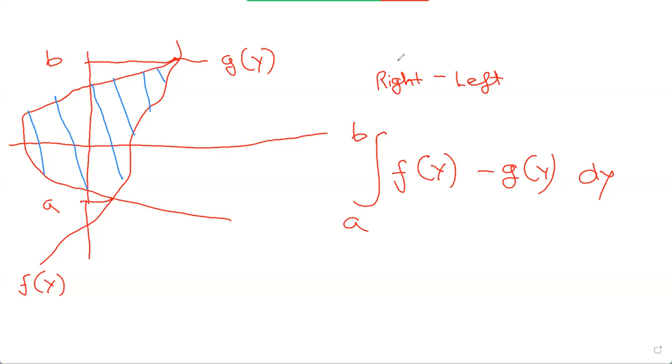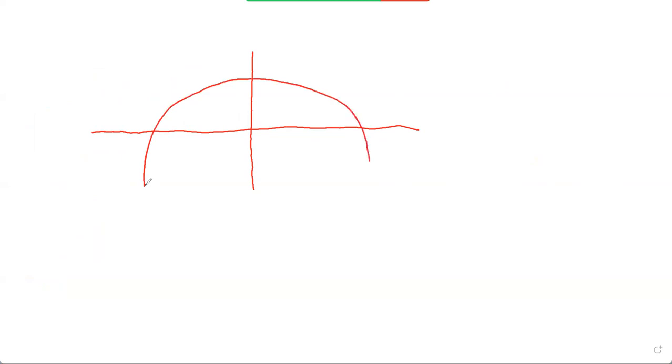So now let's look at a question. In this question, they've given us values, so we have to find the answer. This is our plane, and we have a downward facing parabola here and a straight line.